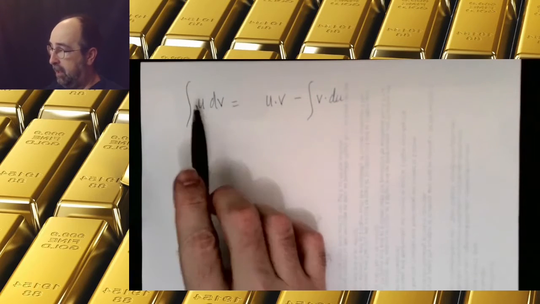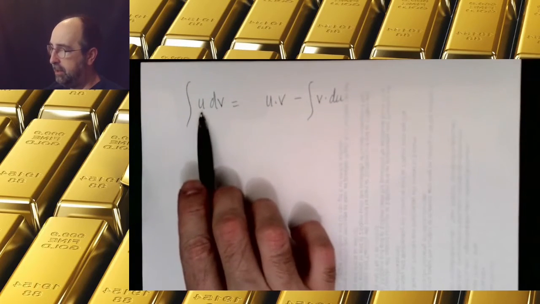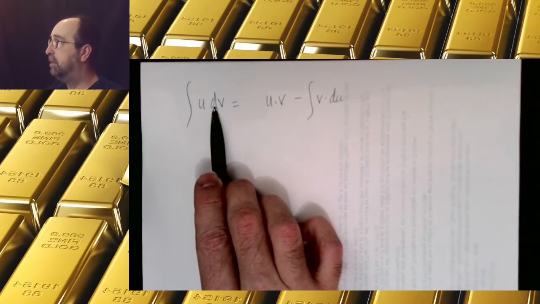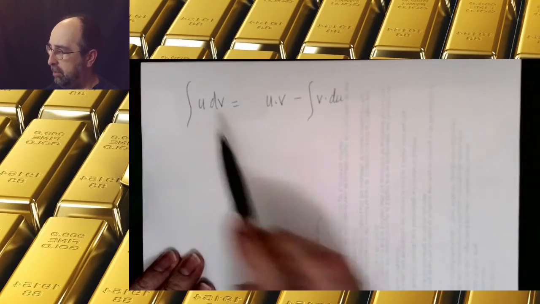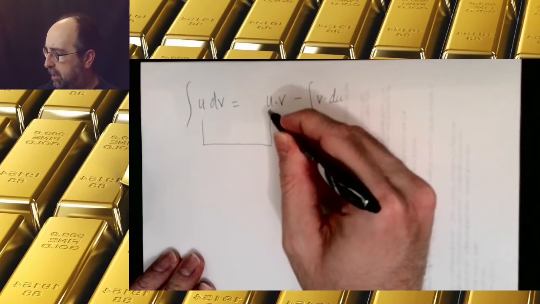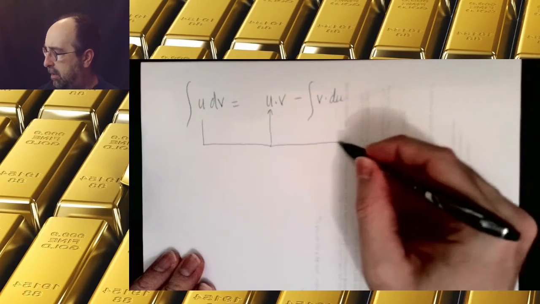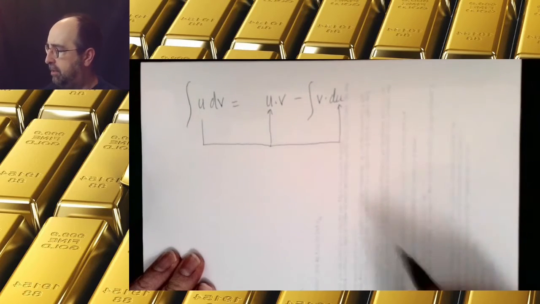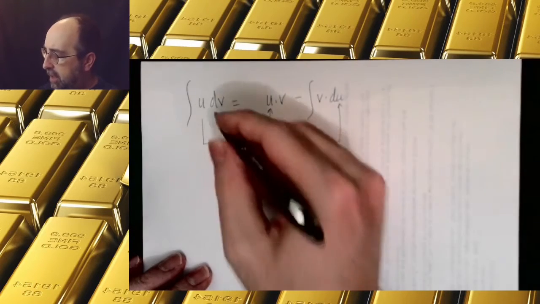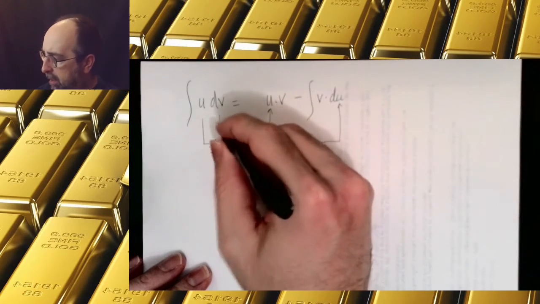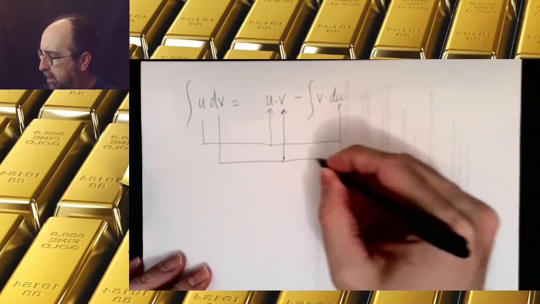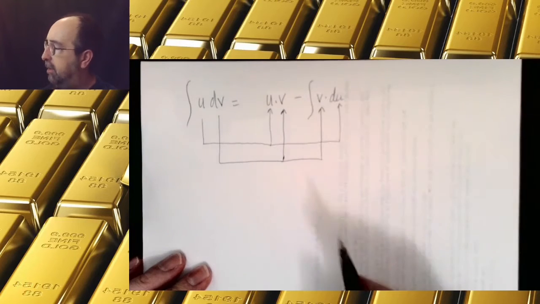Now, if we track what happens to the variables in this original problem, the u shows up as u in this part, but as du here, which is sort of like the derivative of u. And in a similar way, the dv transforms into v here and here.